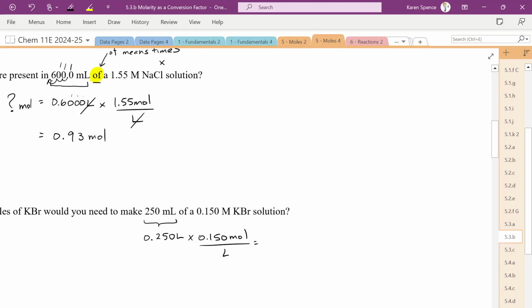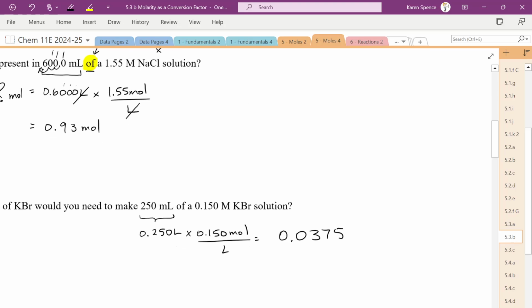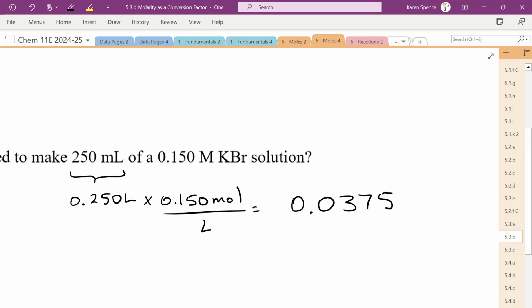And the only thing is here, we do have to be careful about our sig figs. 0.15 times 0.25 is 0.0375. How many sig figs should we have in our answer? Tell your partner. Why did I get rid of that 0?